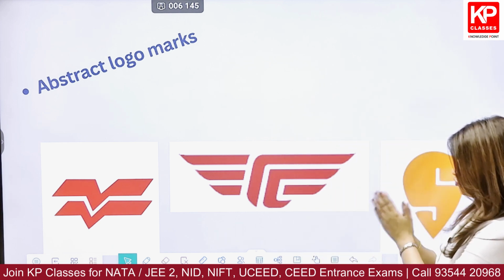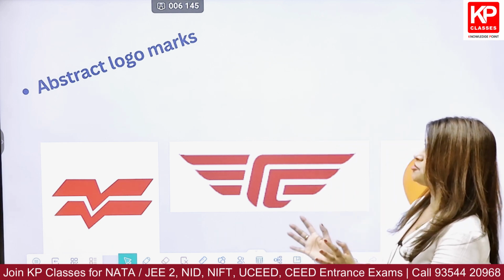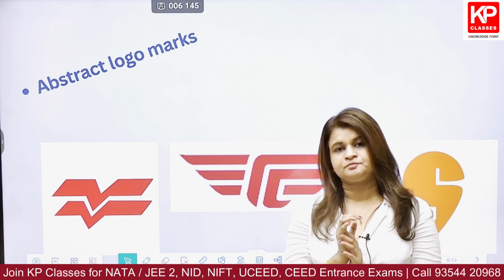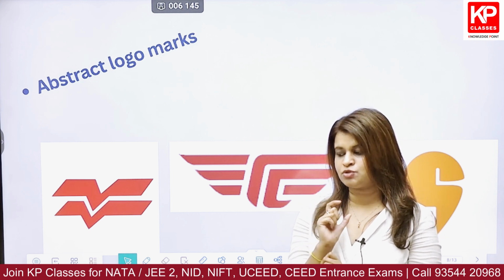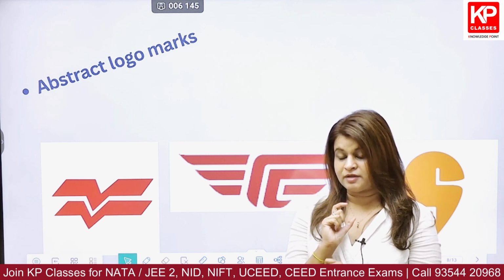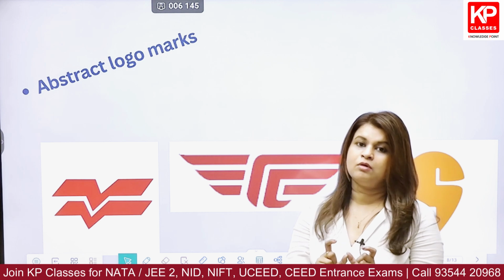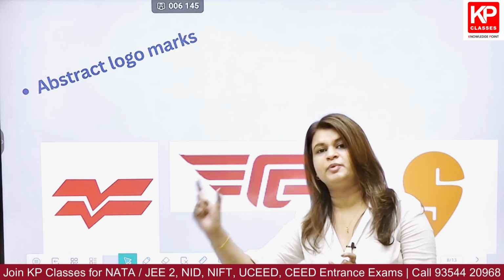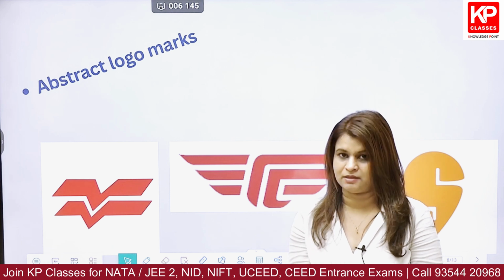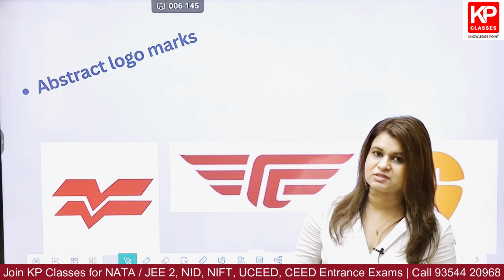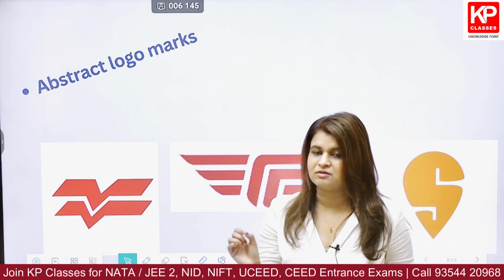Now, when you are making an abstract logo, please remember that you don't need to always relate the image of the logo with what the company does. For example, I'll give you an example like Nike. They are into clothing and shoes, but what does their symbol look like?